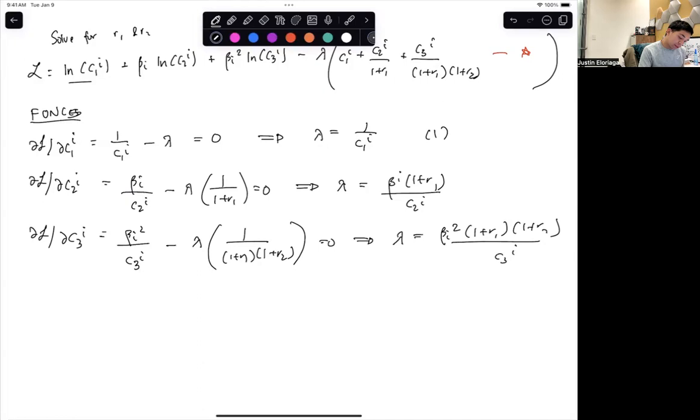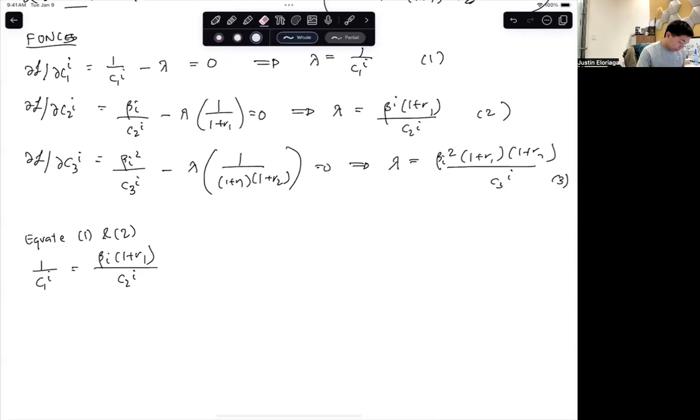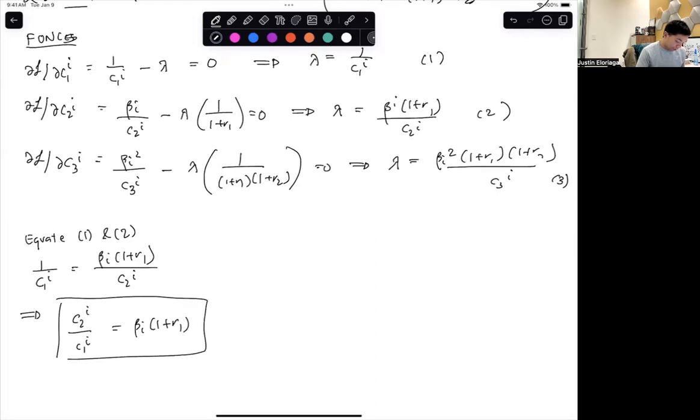Let's call this 1, this 2, and this 3. If I equate 1 and 2, I get 1 over C1i equals beta i (1 plus R1) over C2i. Then I rearrange it and get C2i over C1i equal to beta i (1 plus R1). This is the first key thing I wanted to derive, which is like our first order equation.